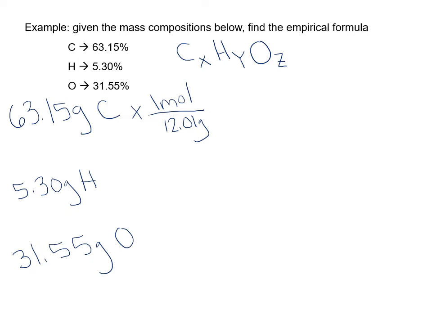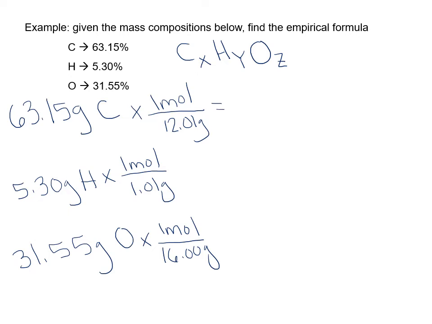Carbon has a molar mass of 12.01. Hydrogen has a molar mass of 1.01, and oxygen has a molar mass of 16.00. So when I plug this into my calculator for carbon, remember I want to keep the significant figures as what I'm given, so I get 5.258.